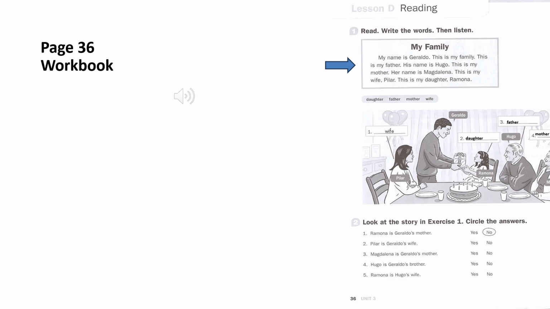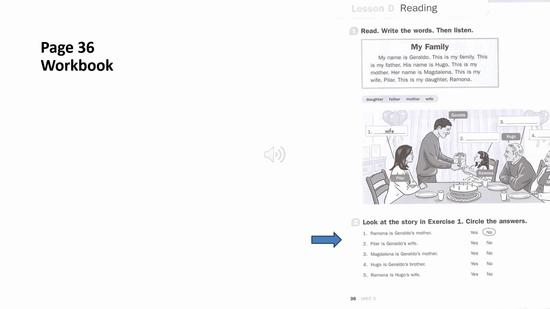Here are the answers. Compare what you see on the screen to what you did in your book. How did you do? We're still on page 36 in the workbook, but look at part 2.